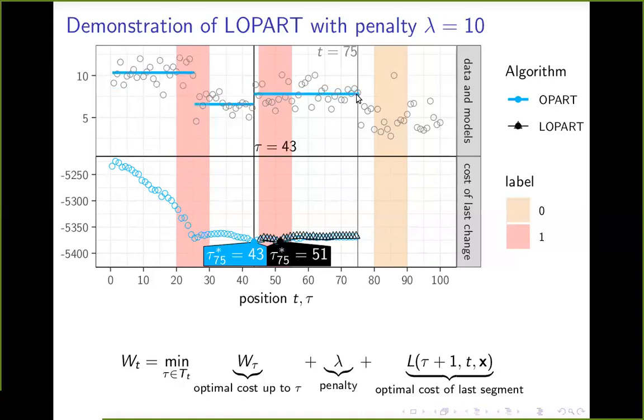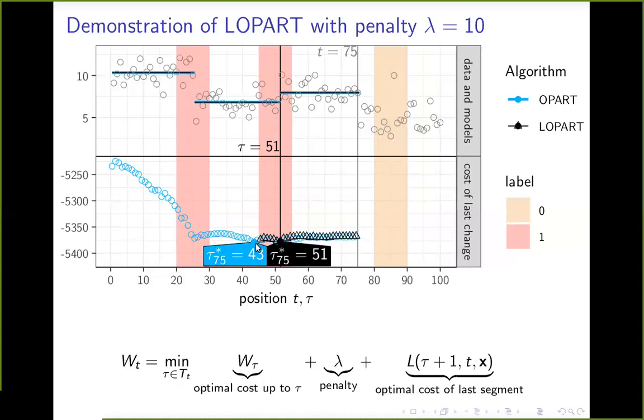Going up to data point number 75, again we're optimizing over previous change points, but with the previous algorithm, the least costly change point happens to be just before the one labeled region. You can see the last change point here happens just before this positive label, whereas for the Lowpart algorithm, again, we're discarding the possibility of having a change point before that previous one labeled region.